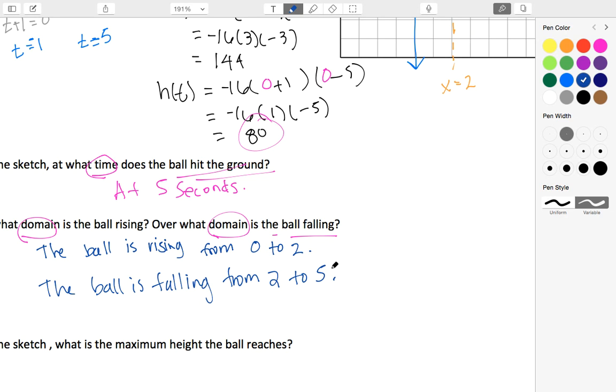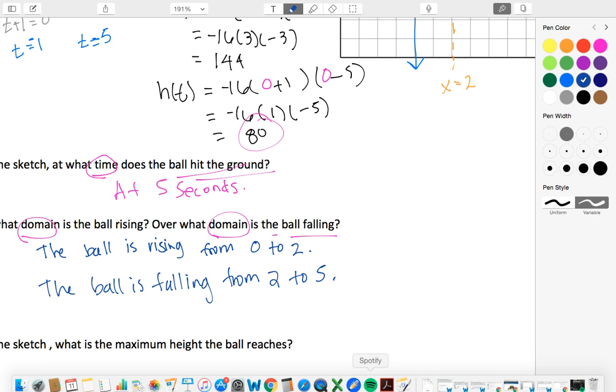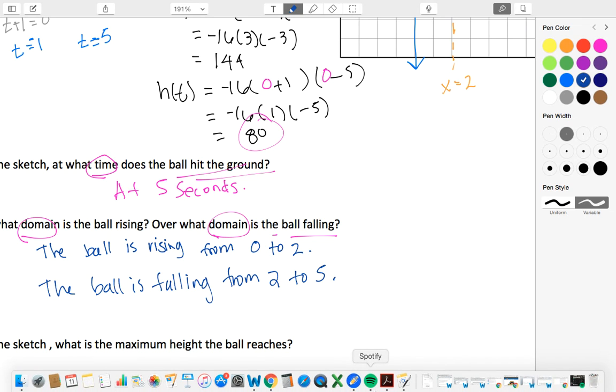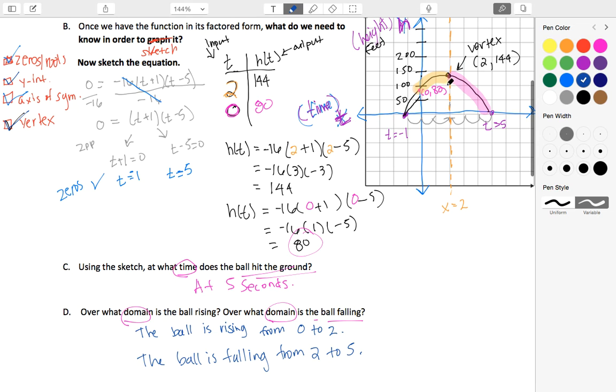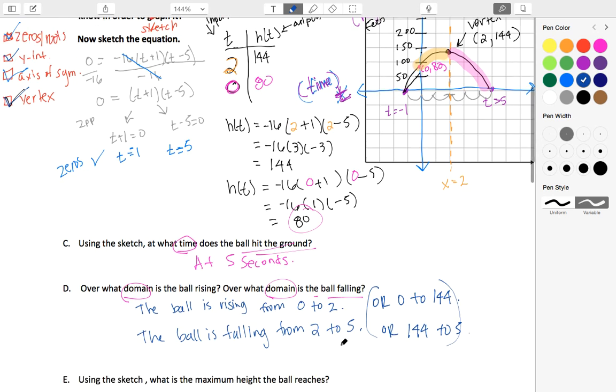So that is what it's saying here. Or you could say the ball is rising from 0 to 144, or falling from 144 to 5. Okay, those could work too.